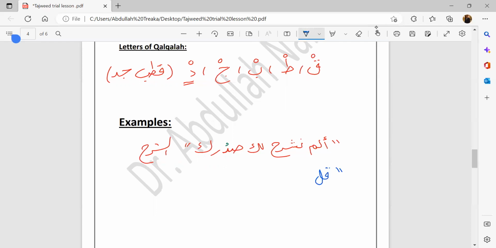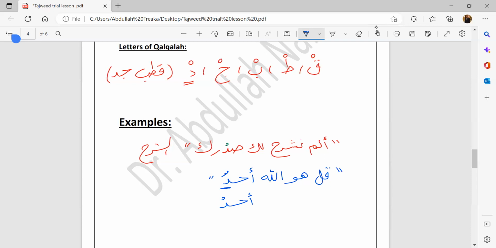Another example is قل هو الله أحد. We know that this is أحد, but when we stop at the letter, it becomes sukoon. This is dal, so it has the qalqala quality.